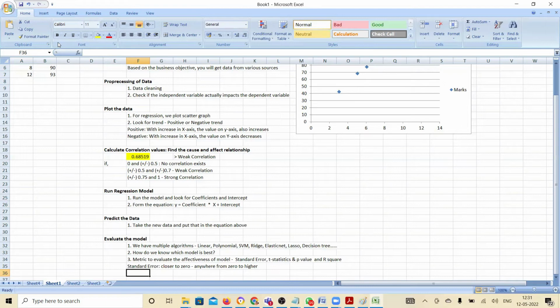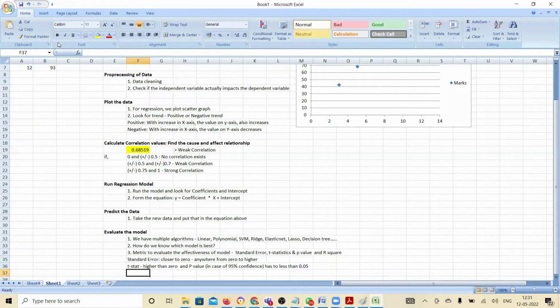Second thing is t-statistics. The t-stat value has to be higher than 0. The higher it is, the more confident we are about our prediction. And p-value, in case of 95% confidence, has to be less than 0.05.